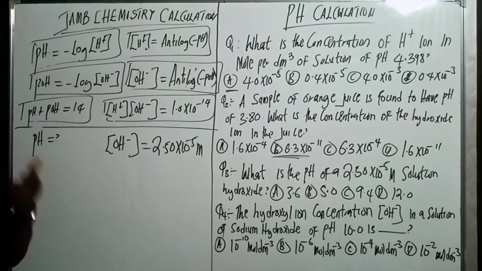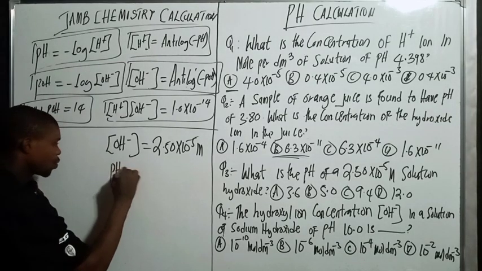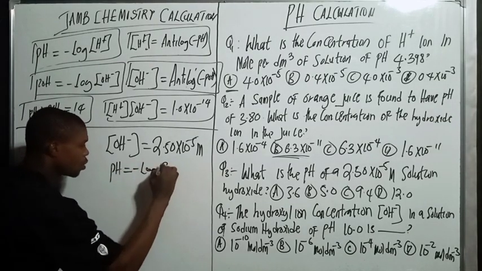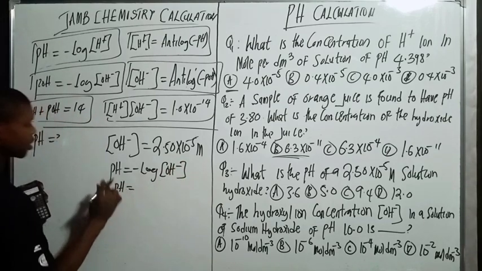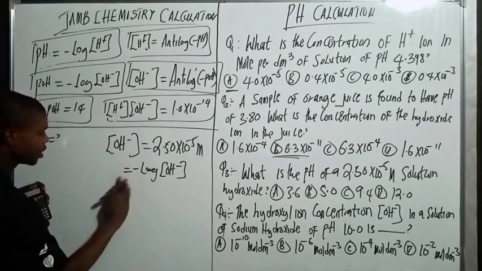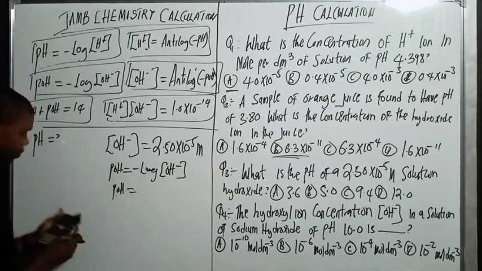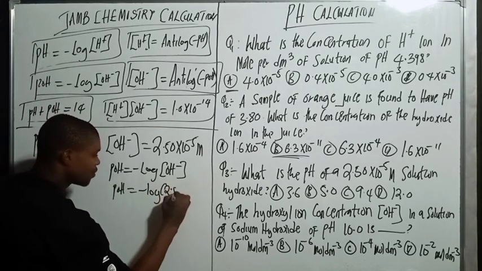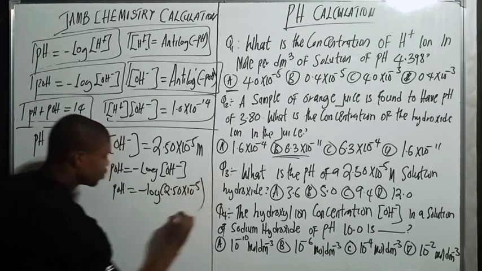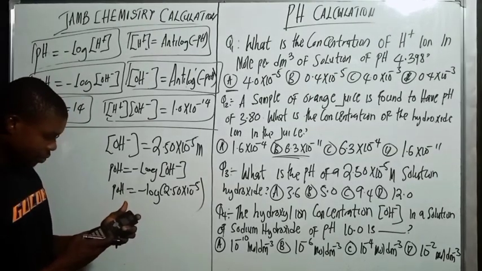Do you understand? So which one is easier for me? I think this one is easier. So pOH equals minus log OH minus, so it will be minus log 2.50 exponential minus 5.